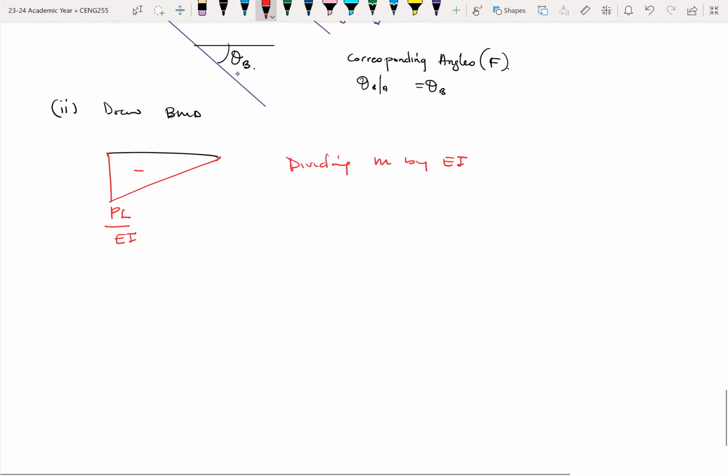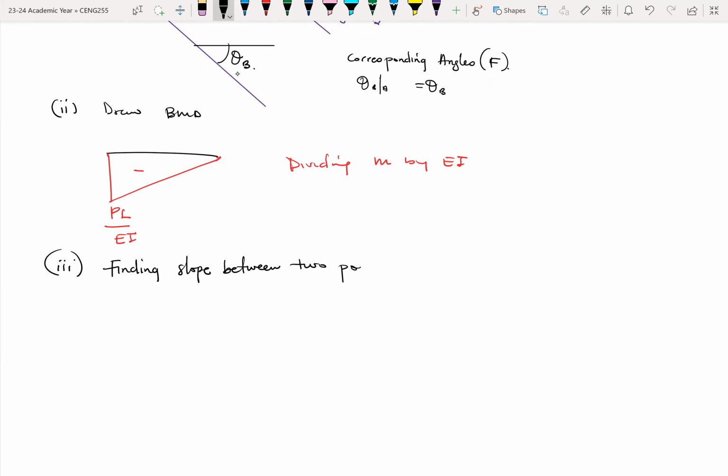Okay. So once we have that, the next step is to take note that finding slope between 2 points is the same as finding the area of the moment over EI diagram between those 2 points.